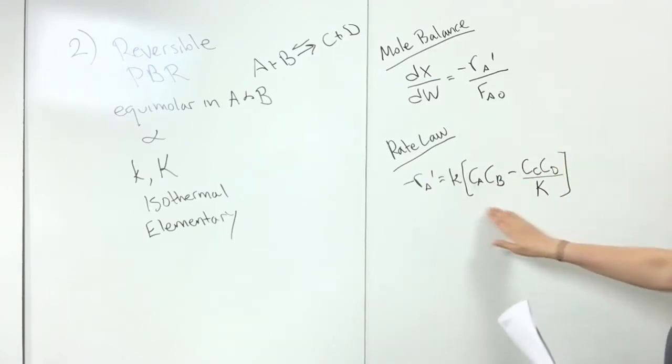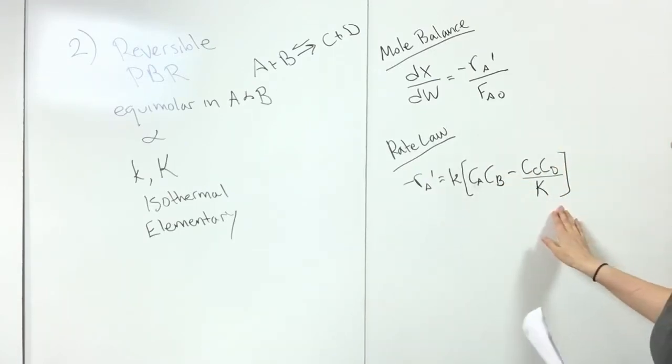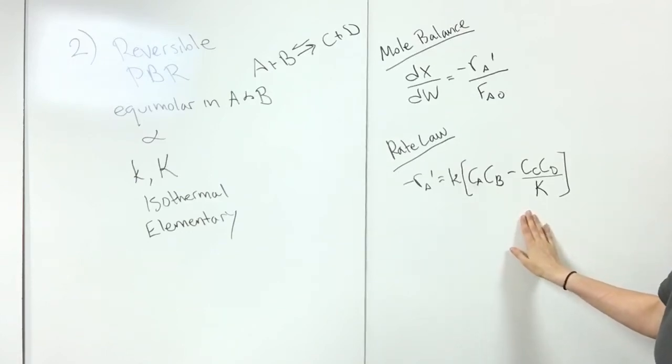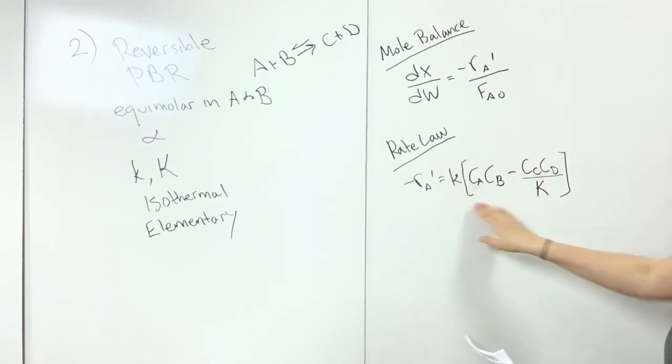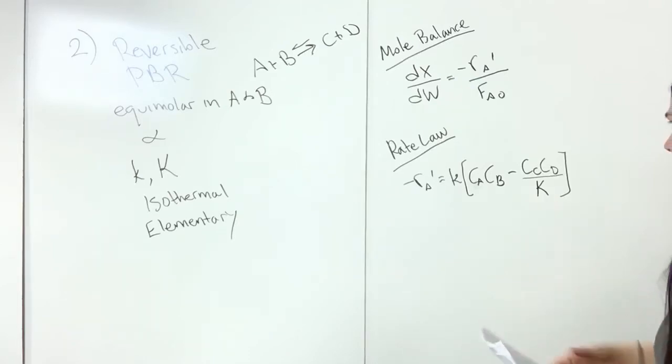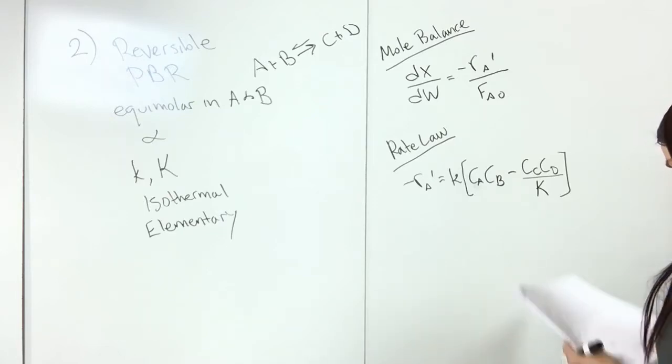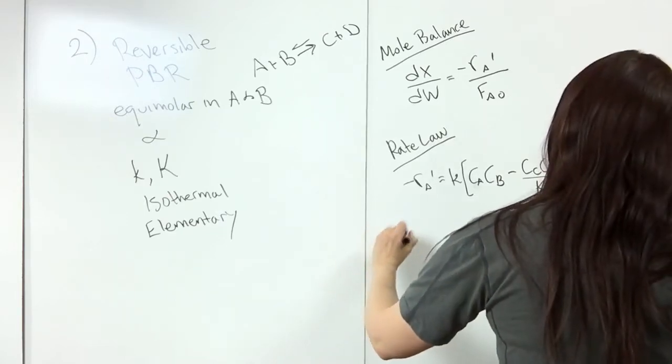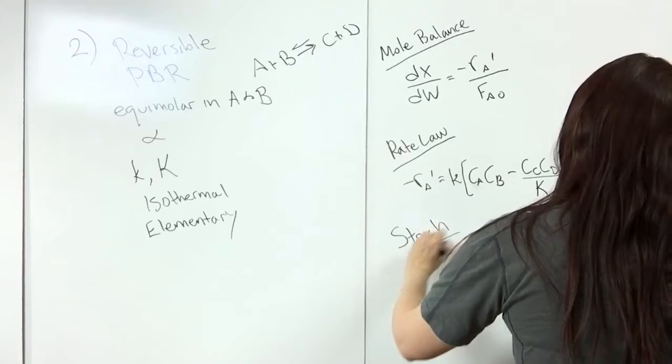So if you're unsure about how this was derived, I just wrote this down, I didn't want to spend time deriving this in this video, so make sure you review rate laws for reversible reactions. So then after you get the rate law, then you do the stoichiometry.